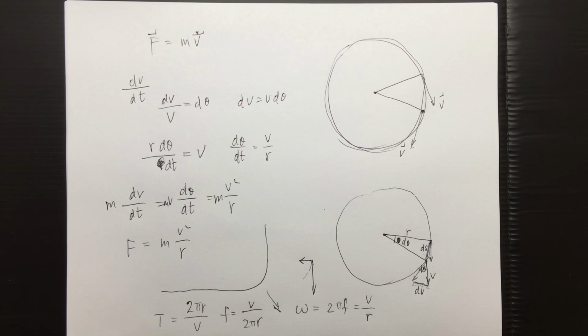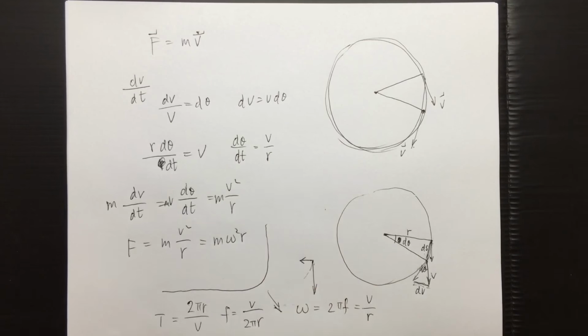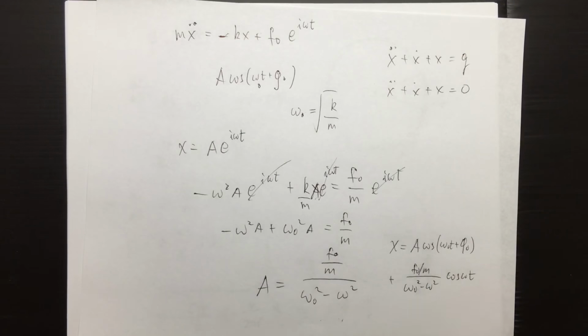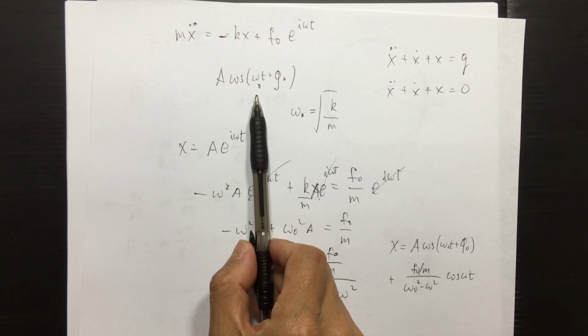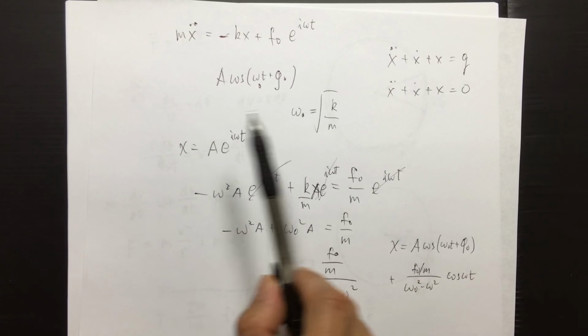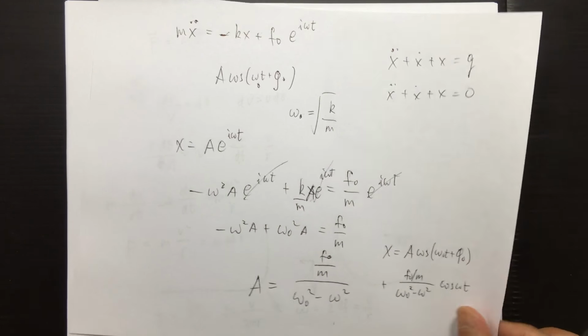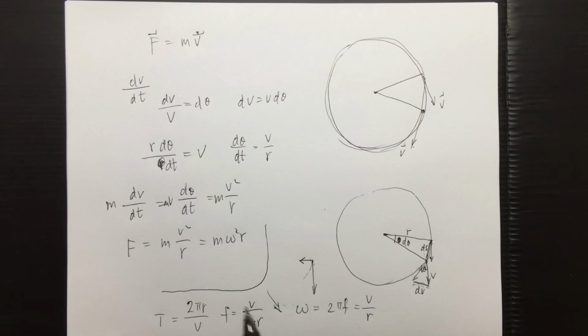So you put this in here, and that becomes m omega squared r. This is what we were talking about when we discussed the spring. When this is the natural frequency of the spring, when the spring moves around, we introduce this concept, angular frequency. This is the same thing.